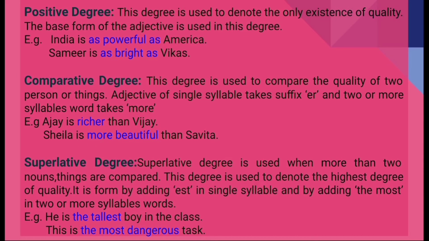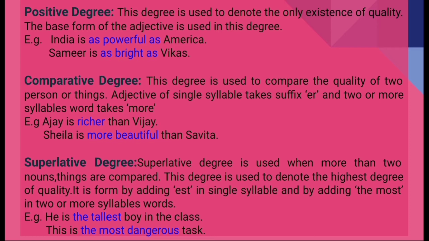Comparative degree. This degree is used to compare the quality of two persons or things. An adjective of single syllable takes the suffix er, and words of two or more syllables take more. Ajay is richer than Vijay. Here we can find a comparison between Ajay and Vijay, and that comparison is denoted by richer.